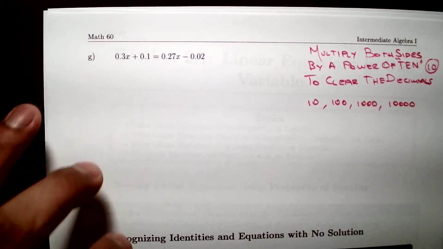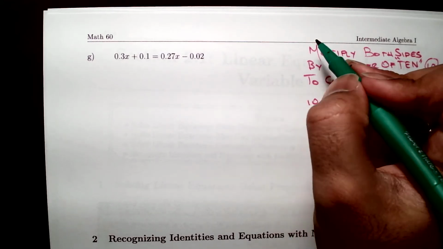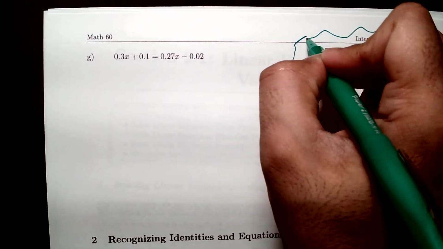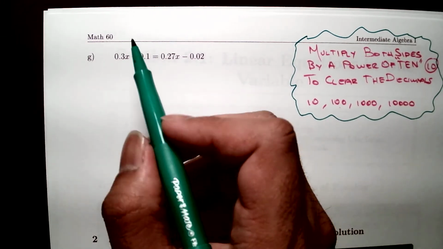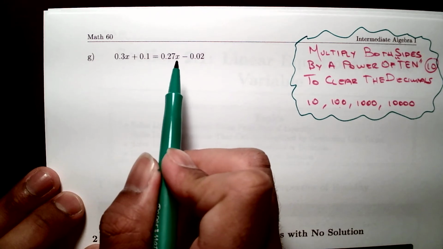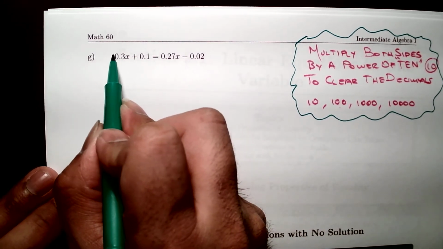Well, how do we know we have the appropriate power of 10 to clear those decimals? We're going to look at each term of the equation, and at how many places we have after the decimal point. In this case, for the first term, it's a 0.3.